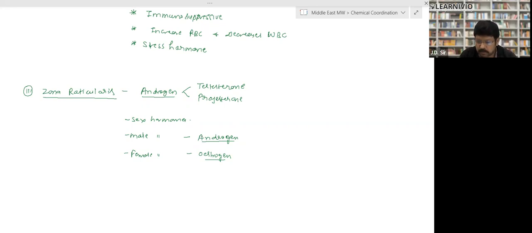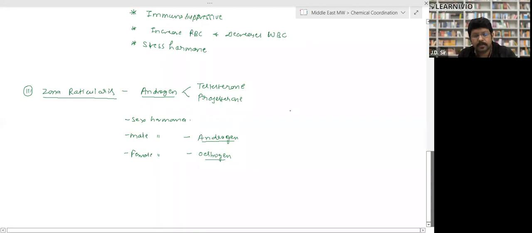Now, adrenal gland. So these were all the functions of the adrenal gland, right? Is it clear to all of you? Actually in NCERT, there is no disorder regarding this.